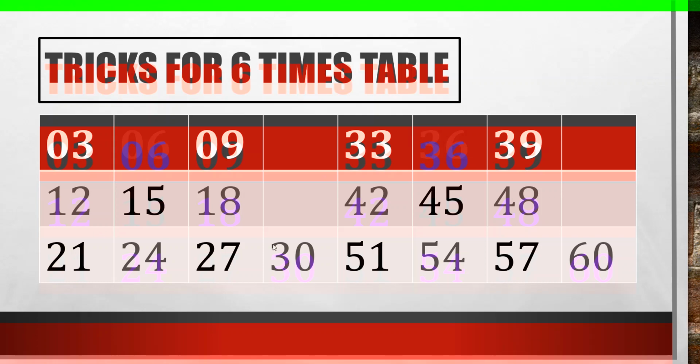In the number of square boxes, 6 times 6: 6, 12, 18, 24, 30. After that 30, you jump to the first row. Here 36, 42, 48, 54, 60.